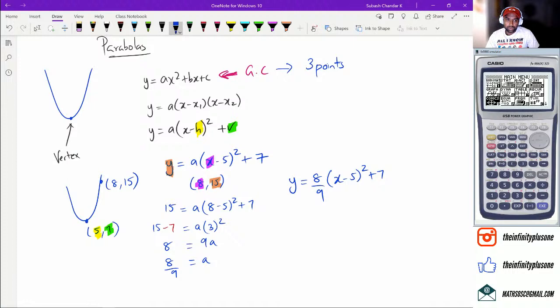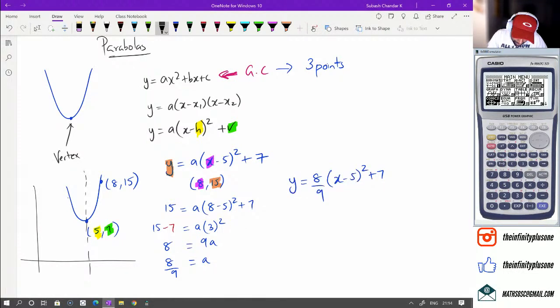I'm actually going to do the same question here with a graphics calculator. What happens if you are given only 2 points and you have to use a graphics calculator? You can use the line of symmetry, because notice how this is 5 and 7.